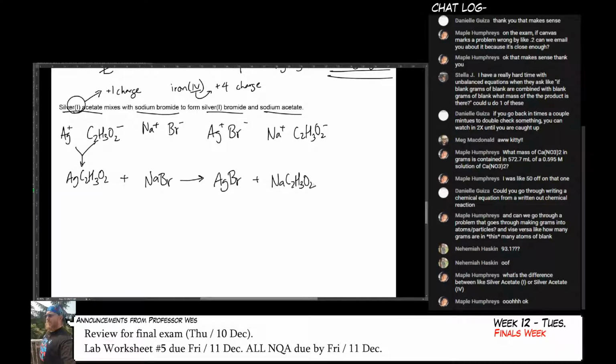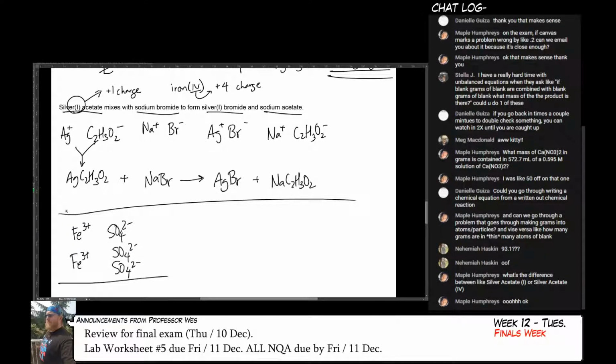Now, if I gave you something different, say the ions that you formed would be instead that, remember you've got to balance the charges, so I'm going to need more iron and more sulfate so that the total charge is equal on both sides.